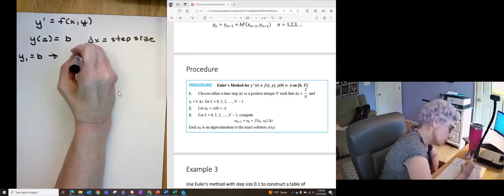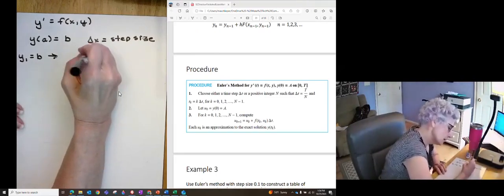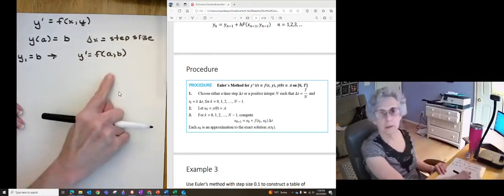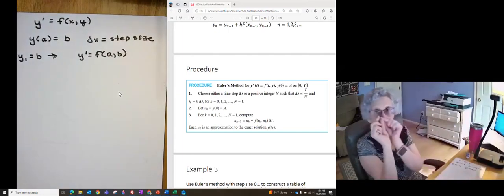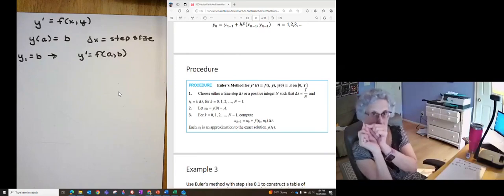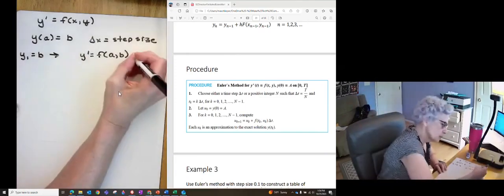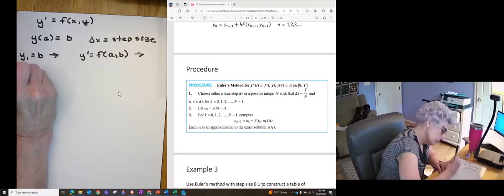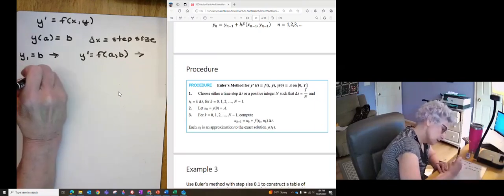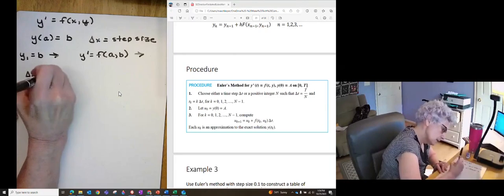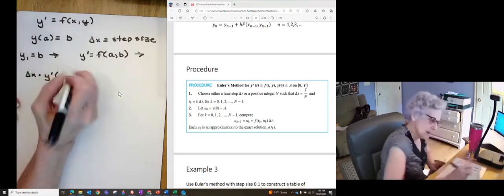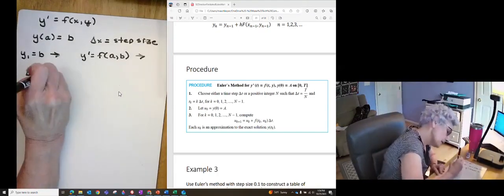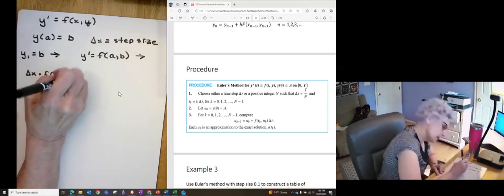So you first figure out y prime evaluated at (a, b). That's the slope of that first little piece on your slope field. You multiply this times your step size, delta x times f of (a, b).